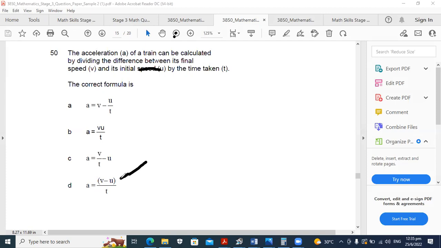All right. So we have v minus u, by dividing by the time. They kind of set it up in such a way that if you're not careful, you might miss out the dividing part. So we're dividing by time. So yes, it's actually D.